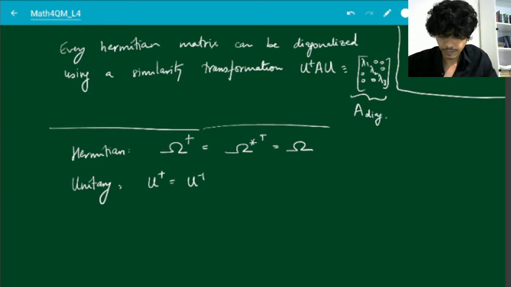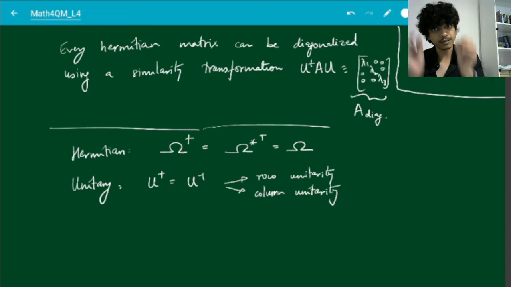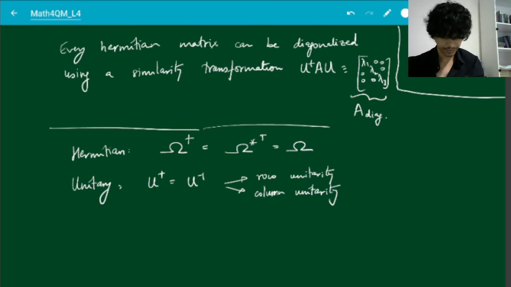Or a more useful way of doing it is you can check row unitarity or column unitarity. Do you remember this? This is something we saw in the last lecture. Basically, you take the rows or the columns of your unitary matrix and check that they act like orthonormal vectors. If that is satisfied, then you know that your matrix is unitary.